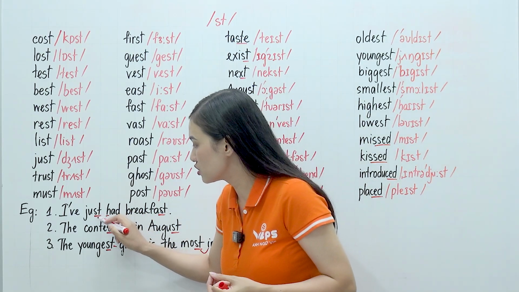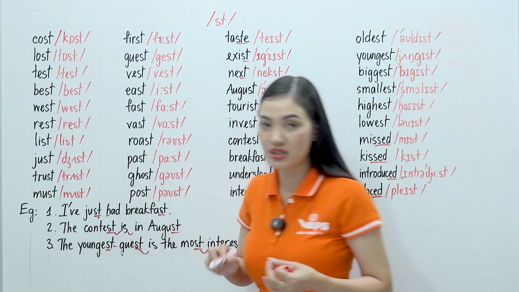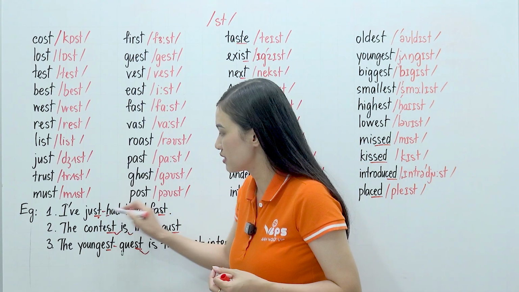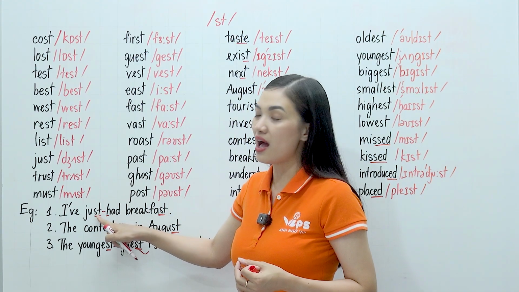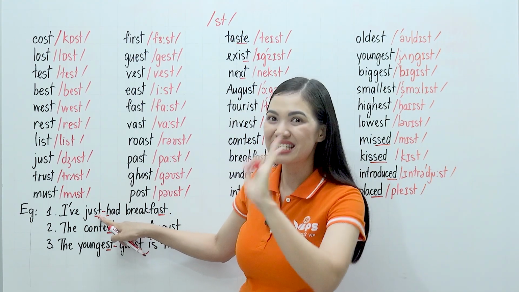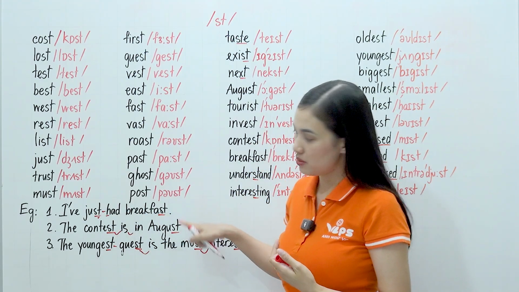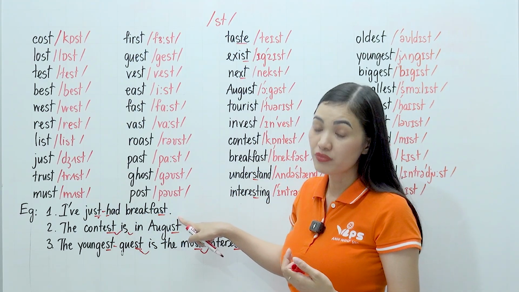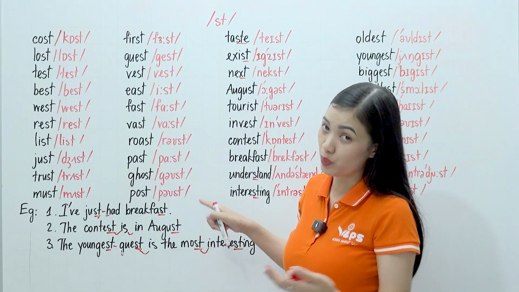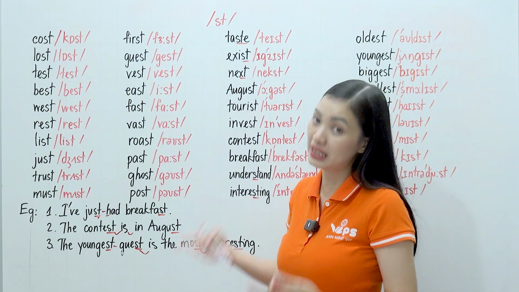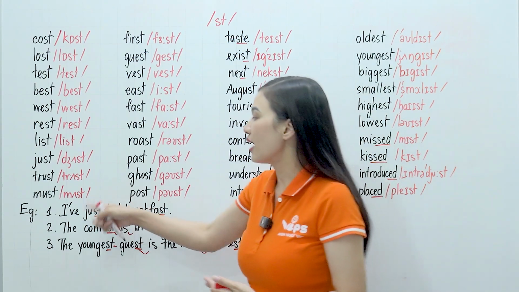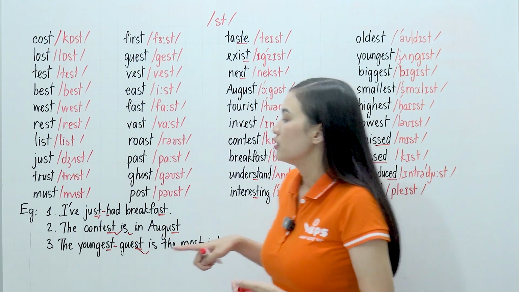You just need to pronounce this. So I just had breakfast. But here, breakfast. If you don't link with anything, you have to pronounce it clearly, breakfast. I just had breakfast.